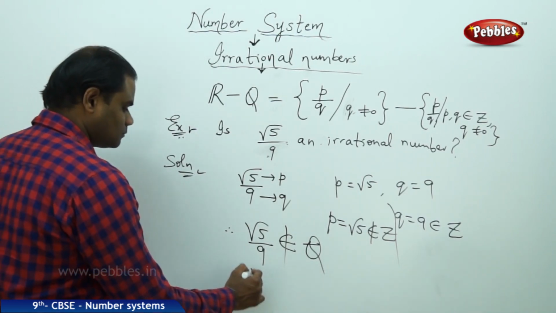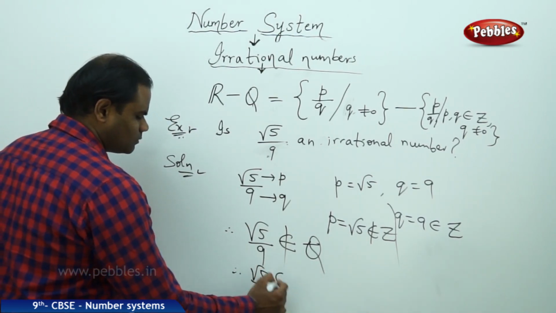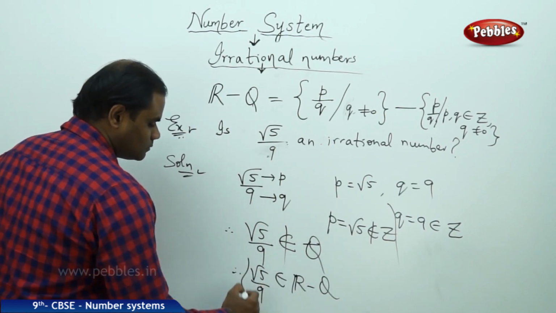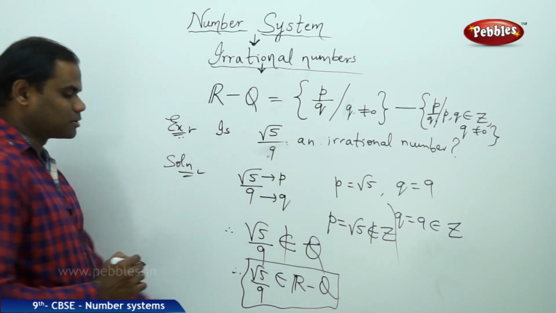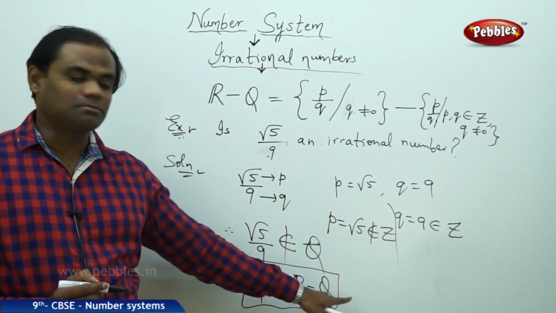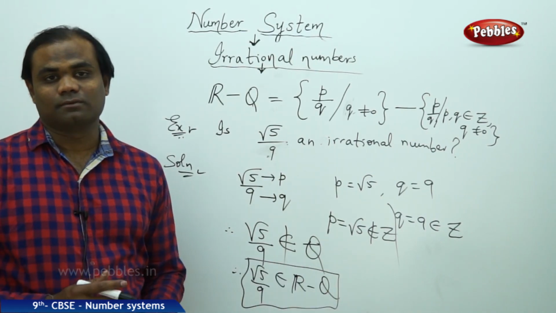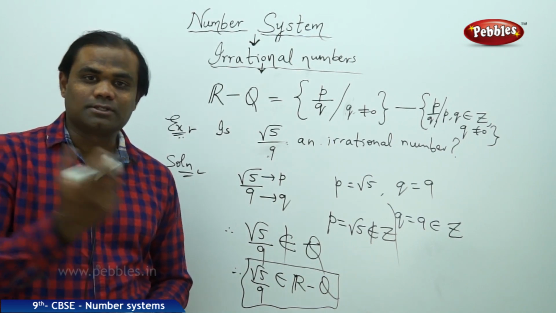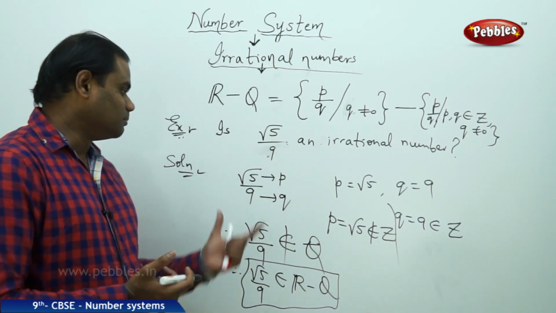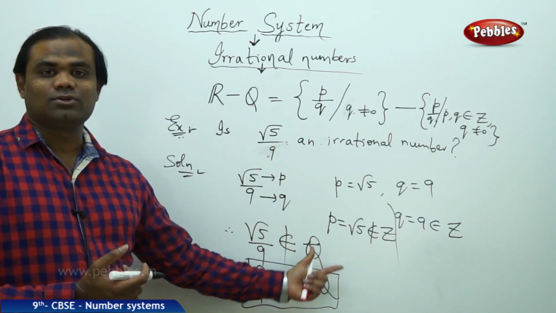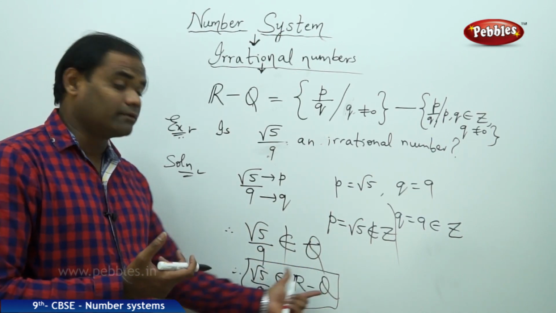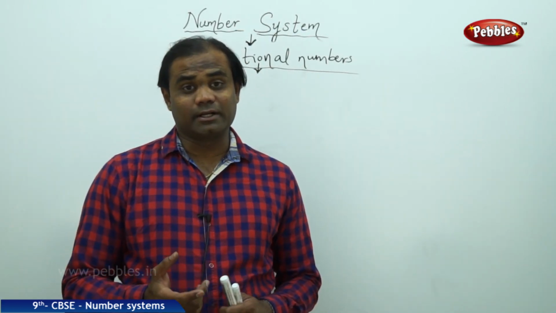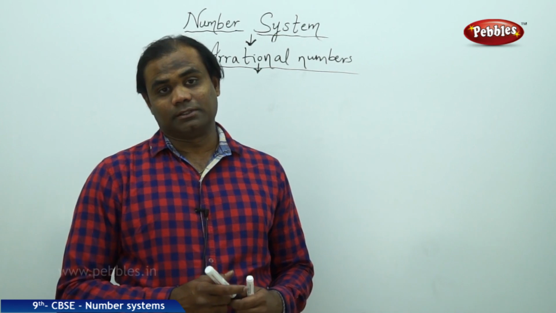Therefore, root 5 over 9 is an irrational number, denoted by all real numbers except Q, R minus Q, is how we justify an irrational number through the concept of Q. Here, this is not a rational number, so obviously it must be an irrational number. Now let's try to take more examples to understand the irrational number better.